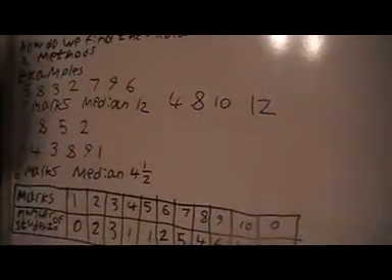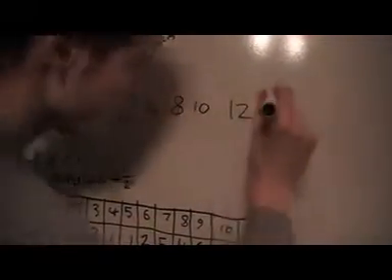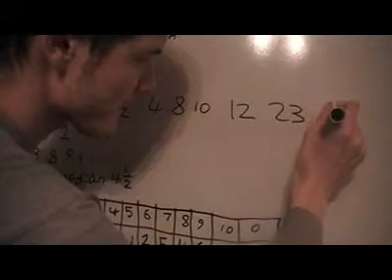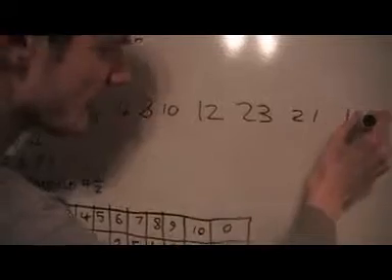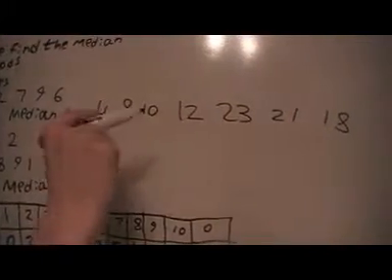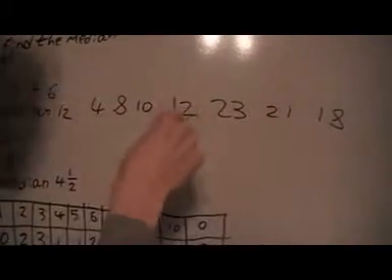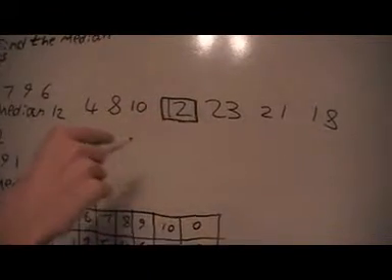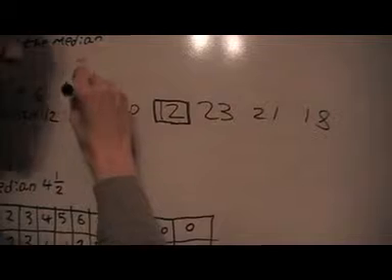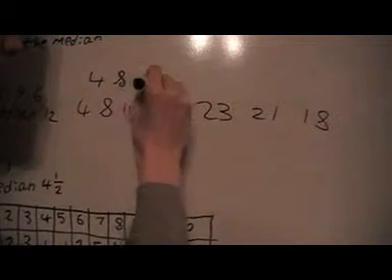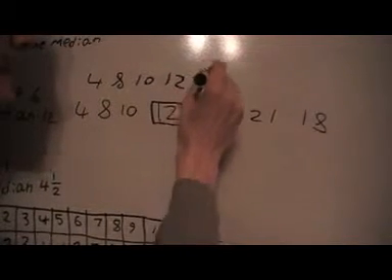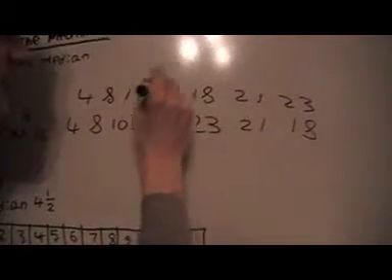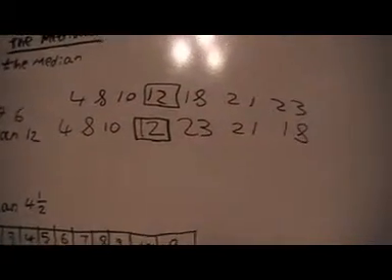Then any 3 numbers bigger, so I can put 23, 21, 18. They don't have to be in order, but generally they are. But anyway, we know that 12 here is the median, because you can check by putting them in order. You can see 12 is the middle one, so 12 is the median.